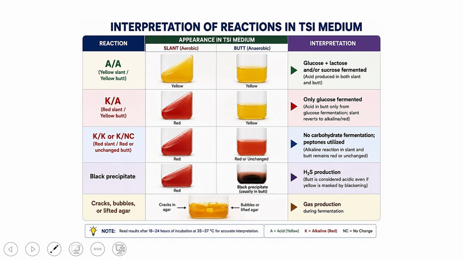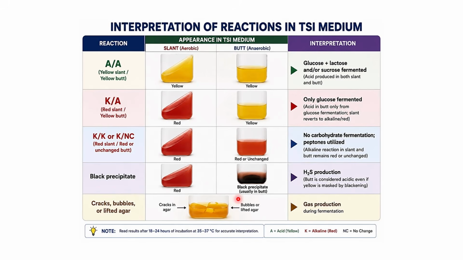Let's look at some interpretation again of results or reactions in TSI medium. Before we look at the interpretation of this result, I want us to know that in writing a result for TSI, we always write the butt result against the slant. So the result over here is the result for the slant, and the one over here is the result for the butt.